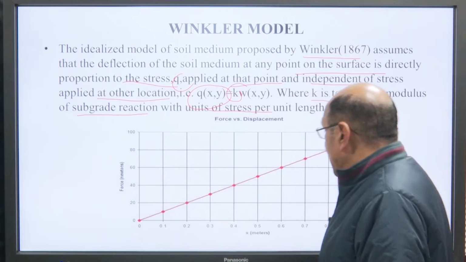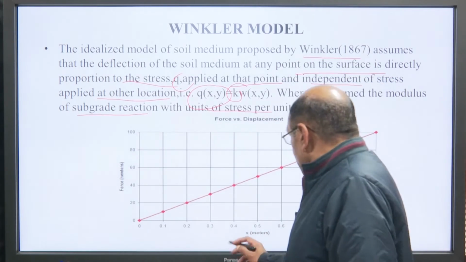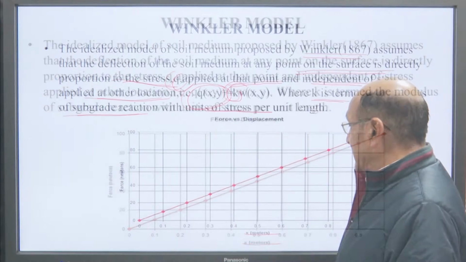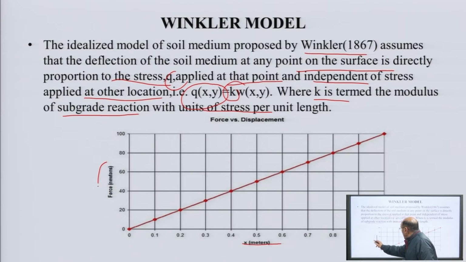So, we can see here this is the x, this is the distance, and this is the force applied. Once force is applied there will be a deformation like this way, and again when the load is removed from the body or soil mass, then the deflection will follow the same route as when the loading is applied.